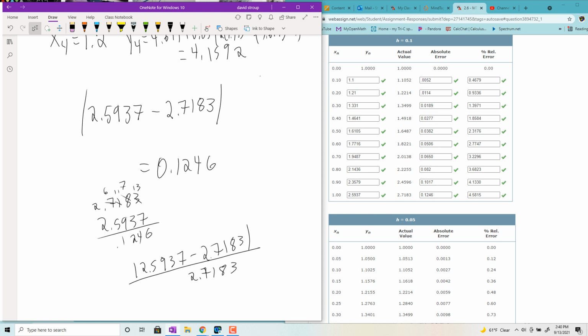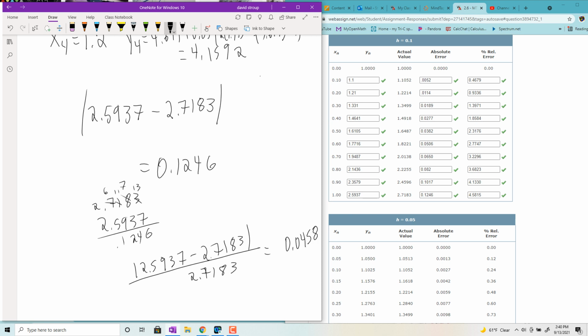And then I believe you have to multiply it by 100. So let's see. Divided by 2.7183. And then multiply by 100.